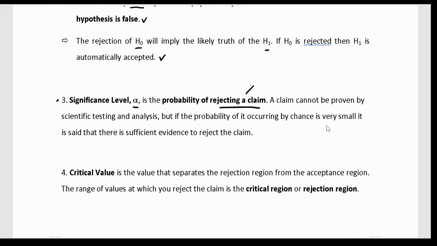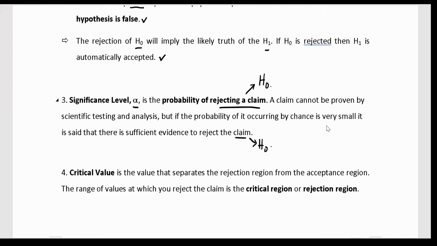That means in this case, we are referring to the H0, the parameter of the population mean. A claim cannot be proven by scientific testing and analysis, but if the probability of it occurring by chance is very small, it is said that there is sufficient evidence to reject the claim, which is referring to the H0.